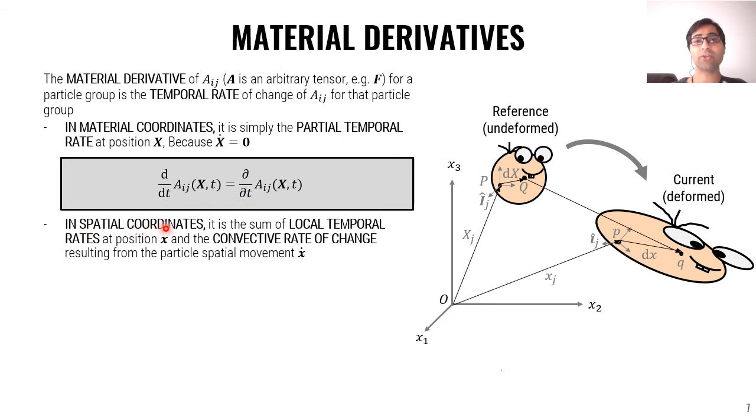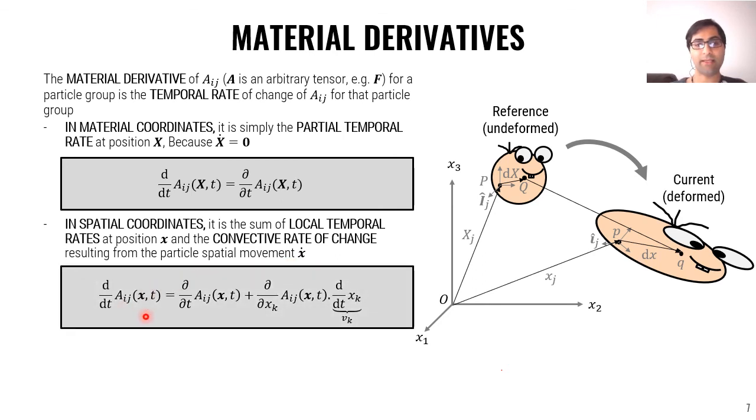But in spatial coordinates, assuming that A is defined in the current as a function of the current states, it is the sum of local temporal rate at position x and the convective rate of change resulting from the particle spatial movement x dot.